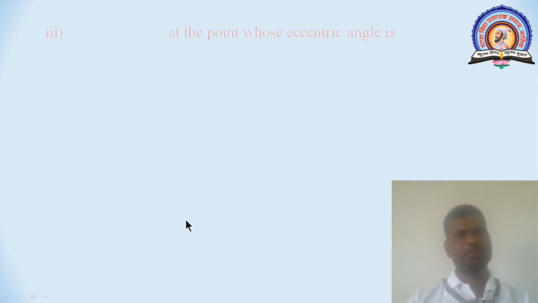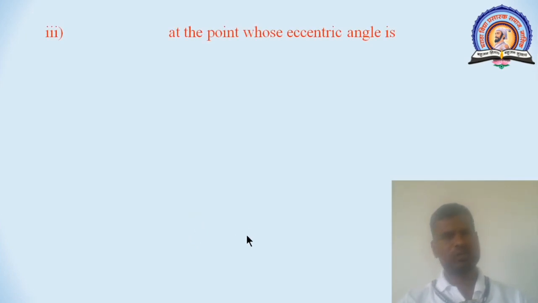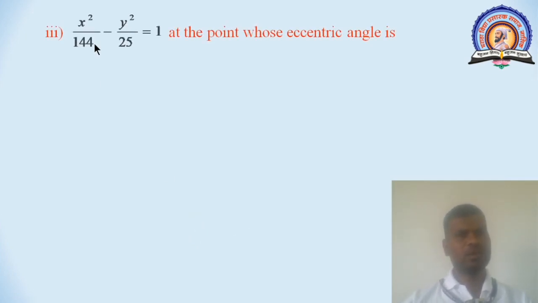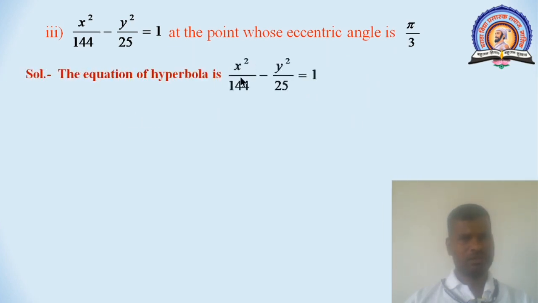The next example: find the equation of the tangent to the hyperbola x²/144 − y²/25 = 1 at the point whose eccentric angle is π/3. The standard equation of the hyperbola is x²/a² − y²/b².